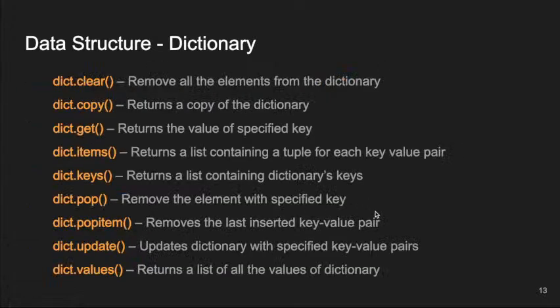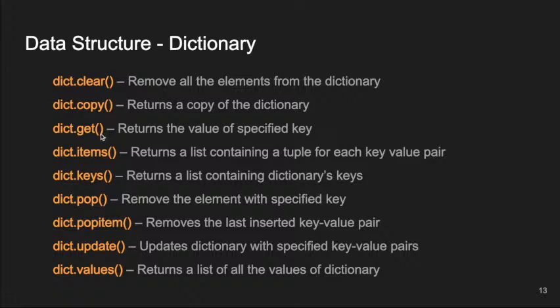So these are just a few dictionary methods that you may see in Python, and they can be helpful for you. We have the clear method, so dictionary dot clear to clear all the elements from the dictionary. We have copy for copying.